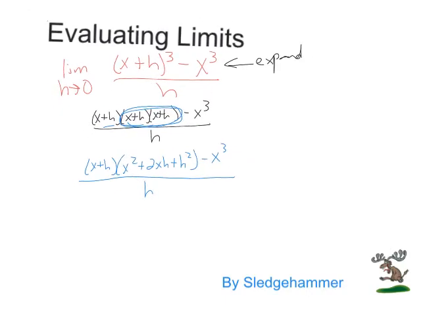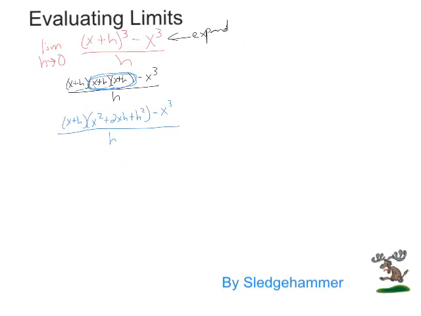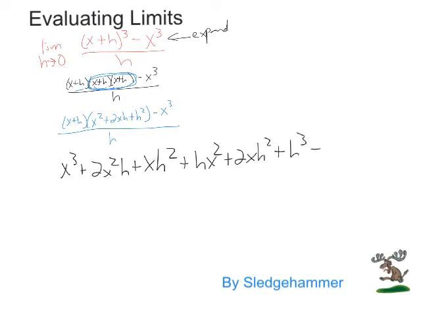Then we would factor in that x plus h again, and we would have x to the third plus 2x squared h plus xh squared plus hx squared plus 2xh squared plus h to the third minus x to the third, and this is all over h.